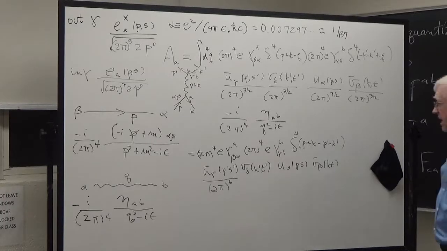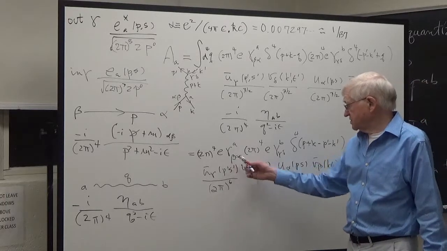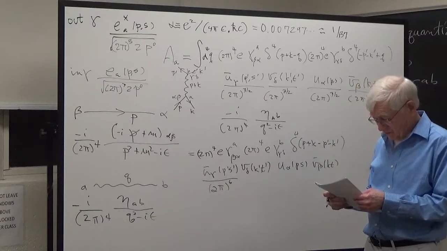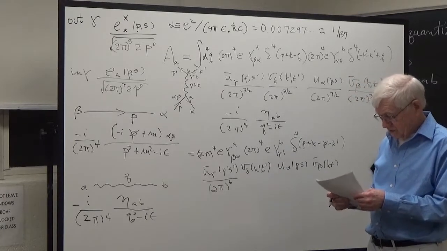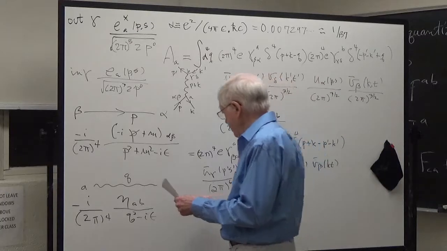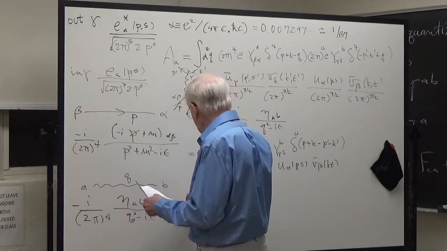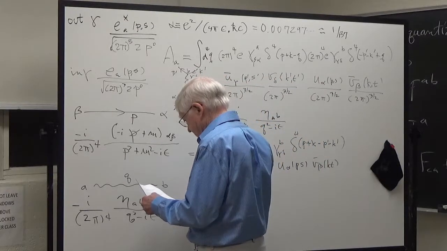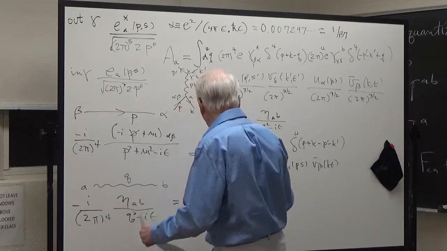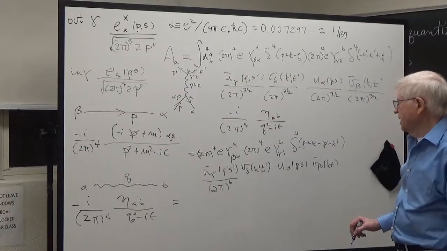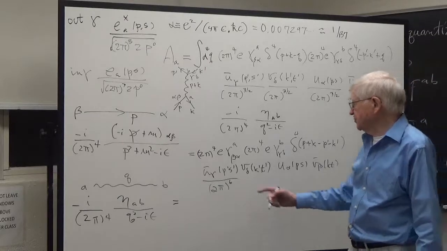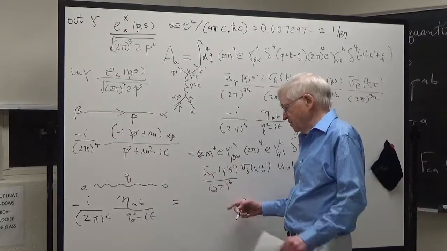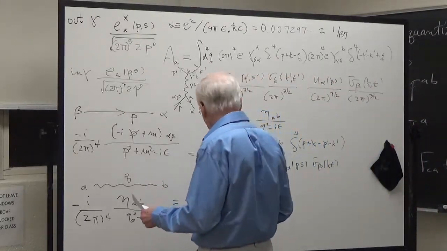Okay, now we combine these things with the gammas and so forth, or at least we write them that way. So first of all, let's do the 2π's. We've got (2π)^4, (2π)^6, so it's 1/(2π)^2.